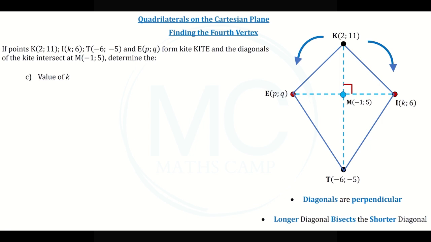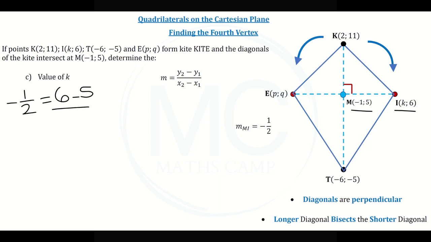We can make a note of this over here. Now we can use the gradient formula to find the unknown coordinate k. Let's say that I is our first point and M is our second. So we can say the gradient, which we know is negative 1 over 2, is equal to 6 minus 5 over k plus 1.